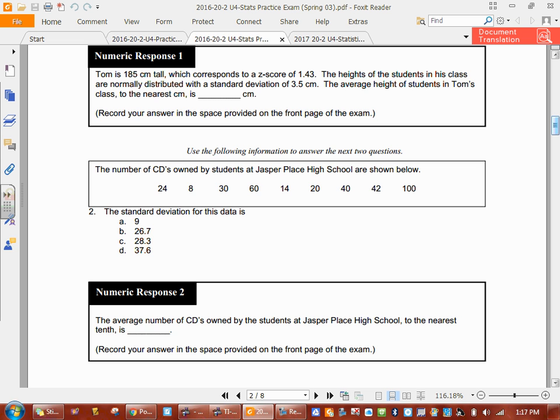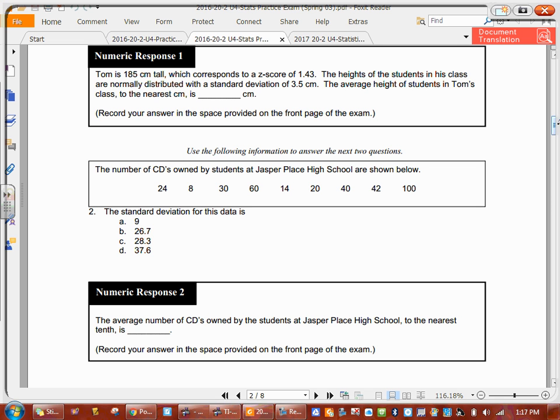So in order to find the mean for this question, we need to use the mean equation. We're going to be using mean equals x minus z times standard deviation. Now, the reason I'm using that one is because it's asking for the average height. Would I be using that one or would I be using n times p for mean? How do I know which one I'm using?